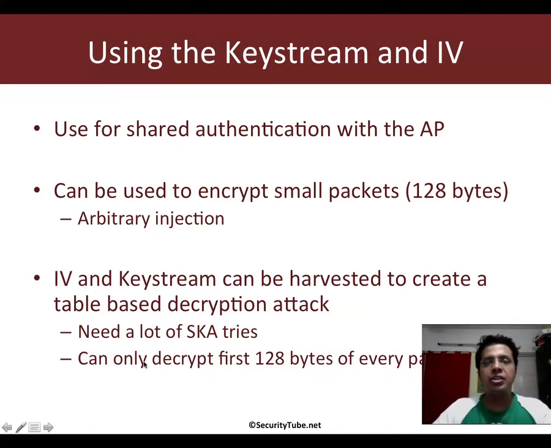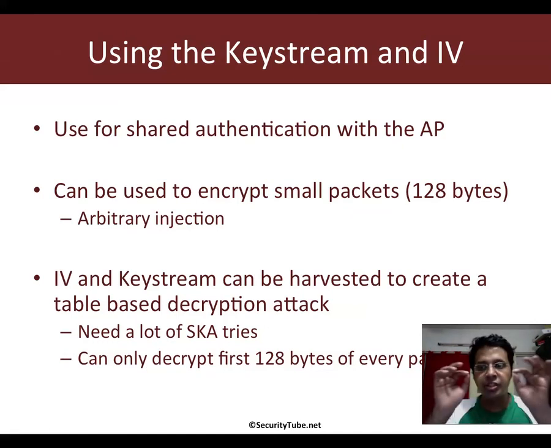Also, imagine what if we continuously send deauthentication packets to the authorized client and AP pair. What would happen is the client would keep re-authenticating, and every time it would choose a new initialization vector and generate a key stream to encrypt the challenge.